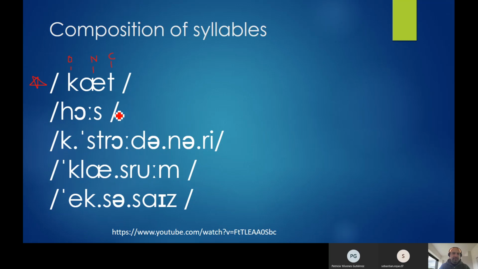Do you think we could do that with the next one? It's the same. I mean, the letter H will be the onset. The nucleus will be the vowel O, and the S sound will be the coda.